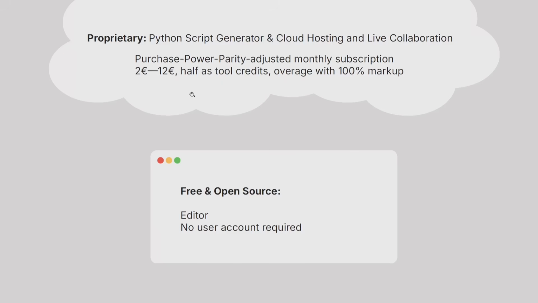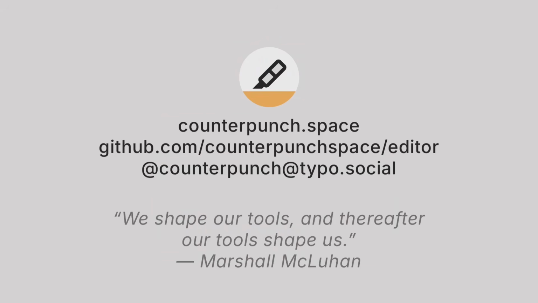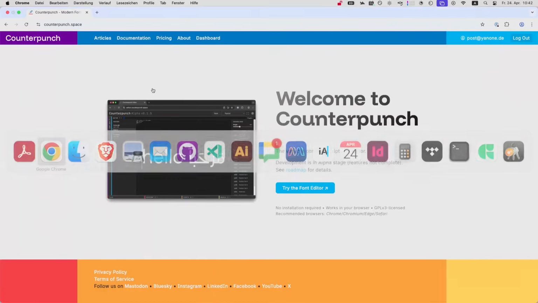And then future cloud hosting. There's a subscription that's currently open for business already, and I use a purchasing power parity adjusted monthly subscription price. So you can pay between 2 and 12 euros a month, roughly ballparking, depending on where in the world you live and work. Okay, now I'll switch to the actual app.